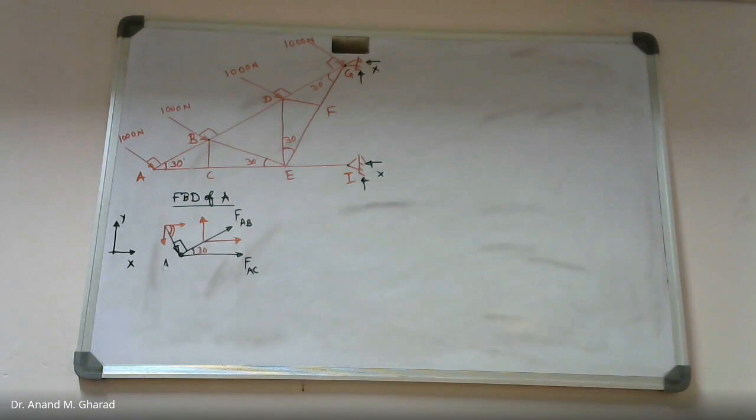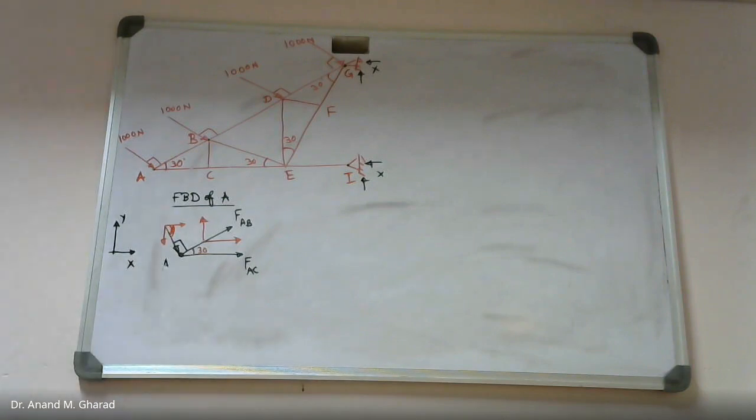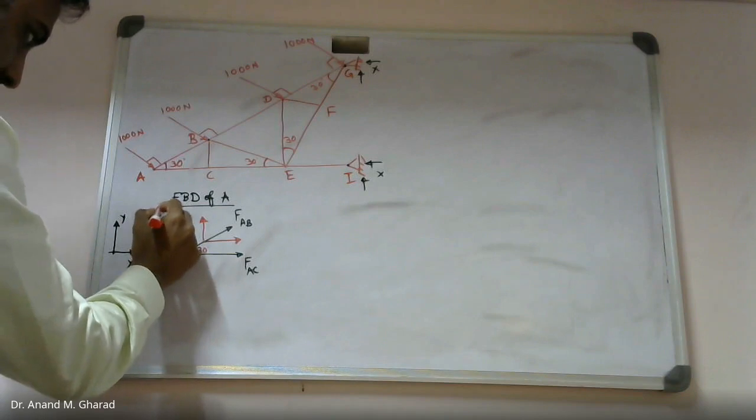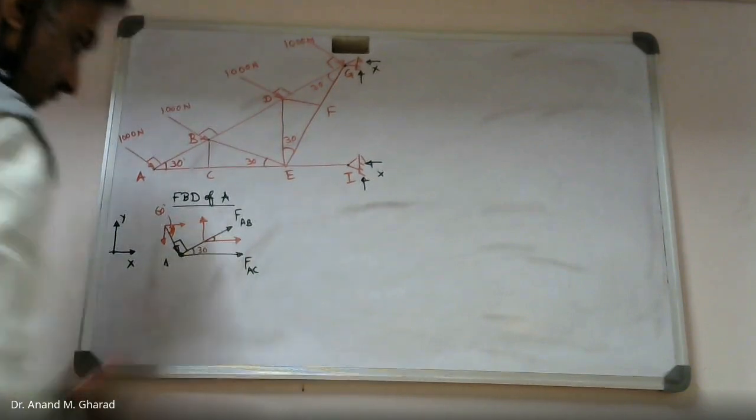How much is this value? This one? Will it be 60? This is 60 degree, you mean to say? Okay, fine. This will be 30 degree.